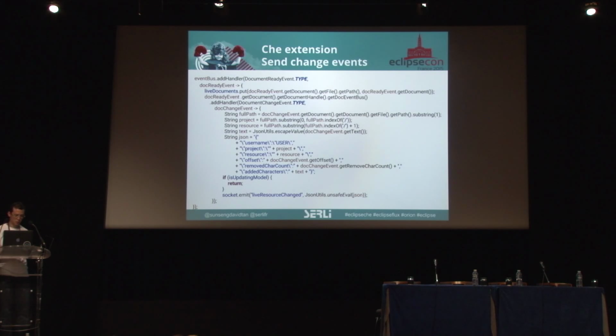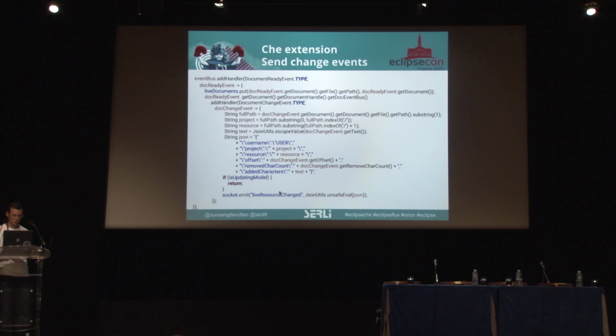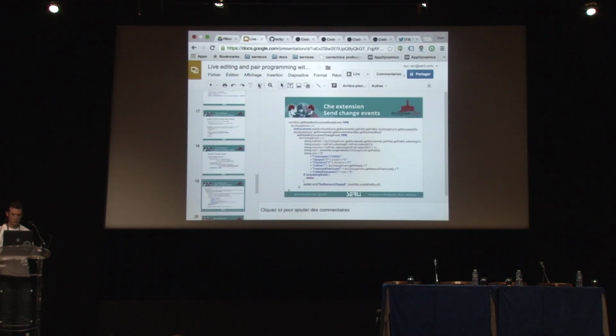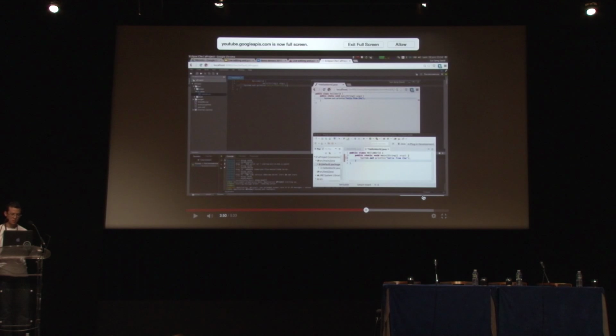Okay, so far we have a nice extension, but it won't work if, for instance, you open a new window, a new browser, and you connect into the same workspace in Che.